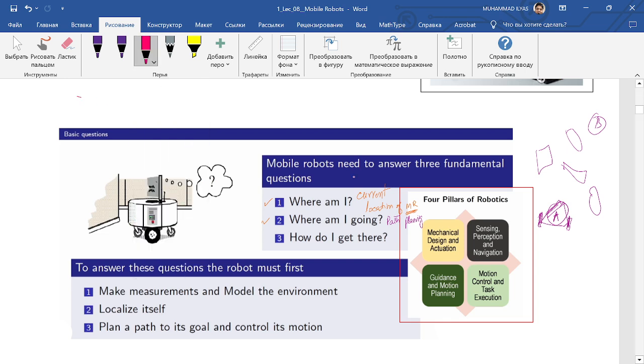The robot has to figure out different options. Maybe this space is not enough to move in between, and maybe it cannot go from here, but somehow it can manage to go from here to this, like this. So this is path planning and how to move between these points. If you split this path into different points, the motion planning algorithm moves the robot from point A to point B in these segments.